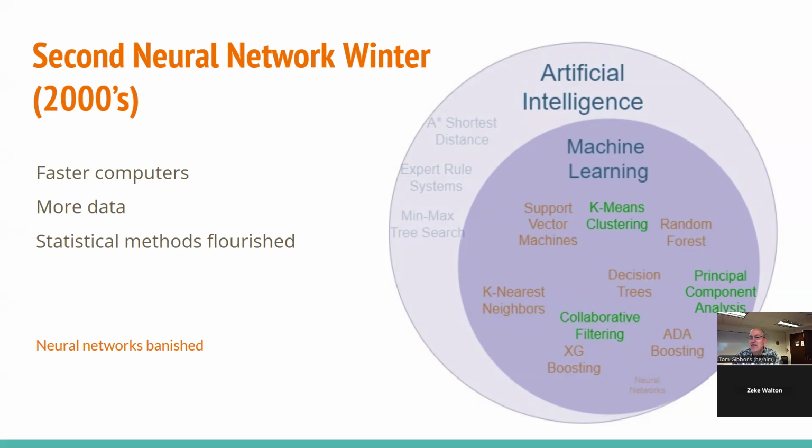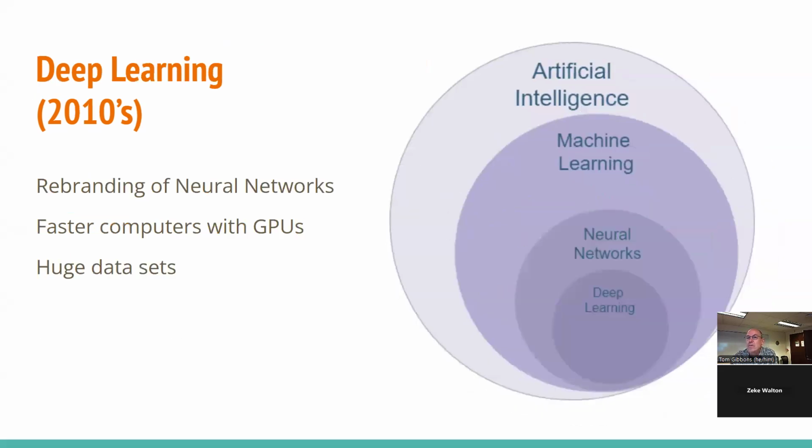So we called this the second neural network winter in the 2000s, where neural networks were basically banished and these other systems went on. Most of the funding, most of the companies, most of the research was in these other areas. But around 2010, we rebranded neural networks as deep learning, and we got faster GPUs and bigger data sets.